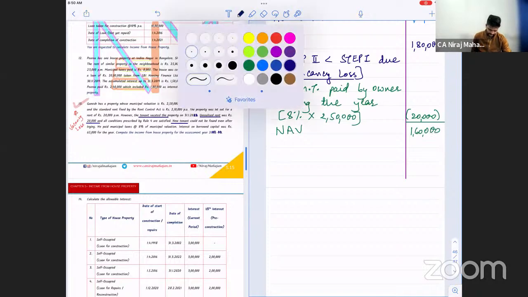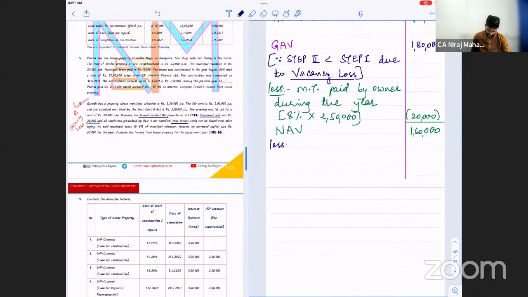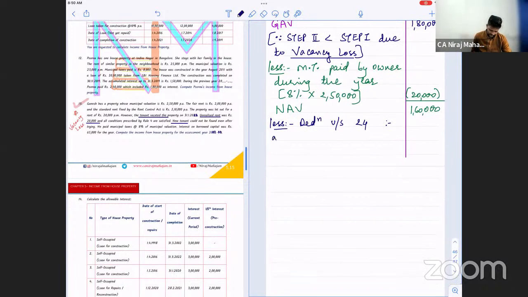Less what? Deduction under section 24. Correct, everybody? 24A says what? Standard deduction at the rate of 30% of NAV. Correct?